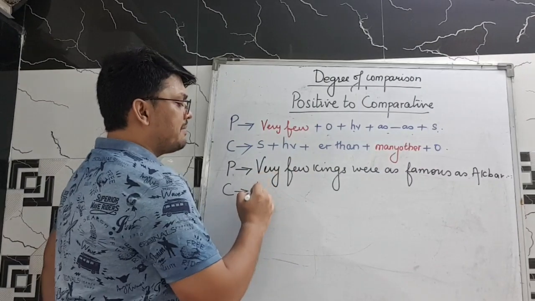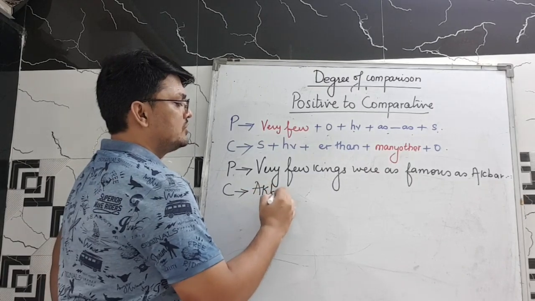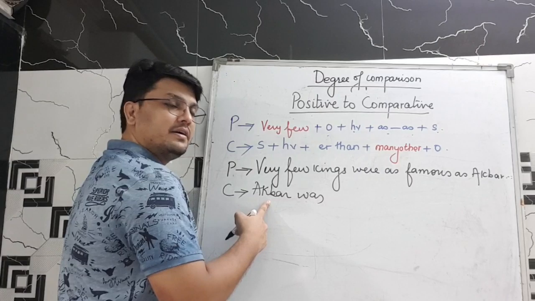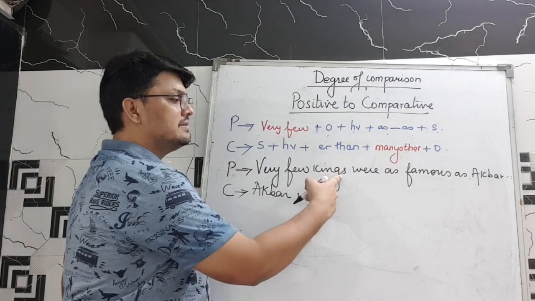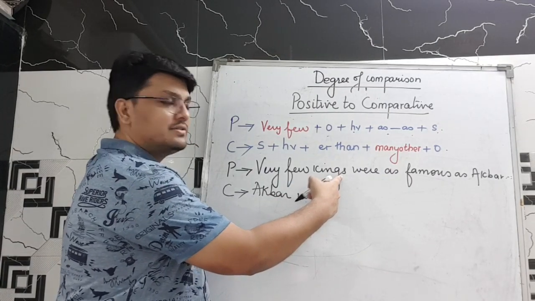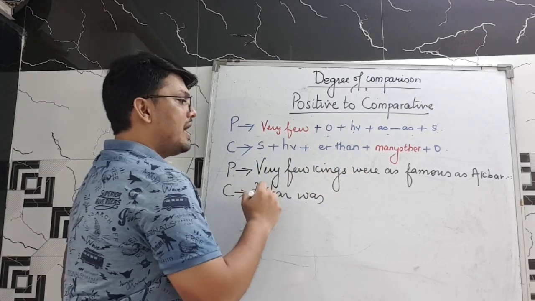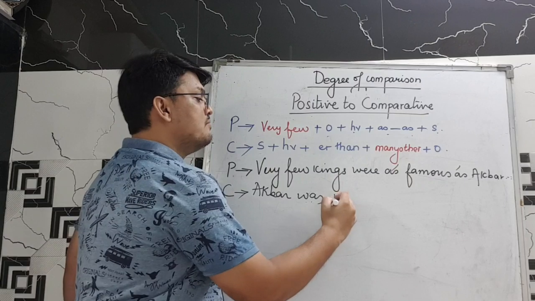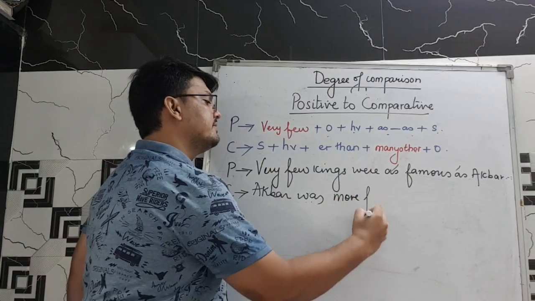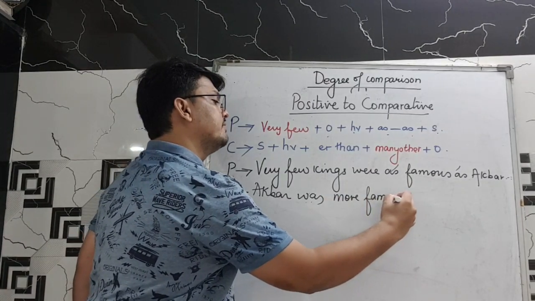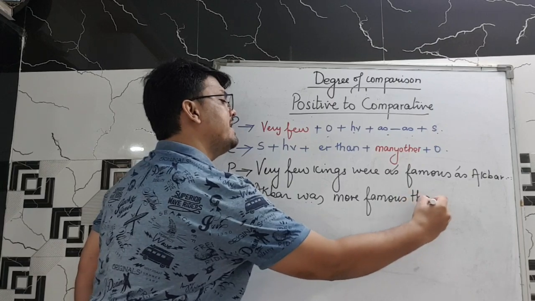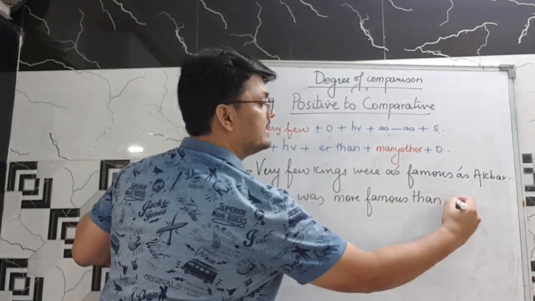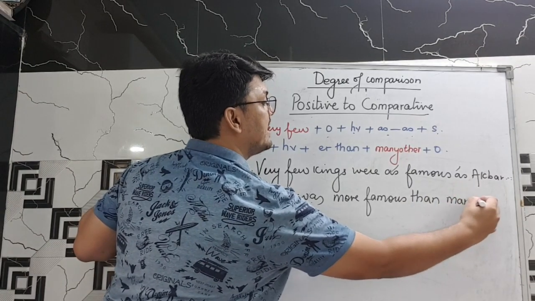So Akbar will come here. So Akbar was, because Akbar is singular. Here kings was plural, so that is why I used were here. So Akbar was, as will be cancelled, more famous than, very few will turn into many other kings.